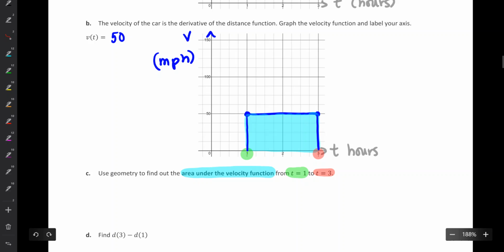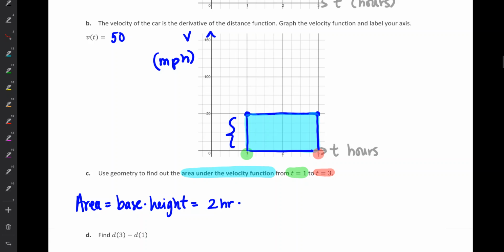So the area of this rectangle is base times height. The base here is 2 hours. The height is 50 miles per hour.